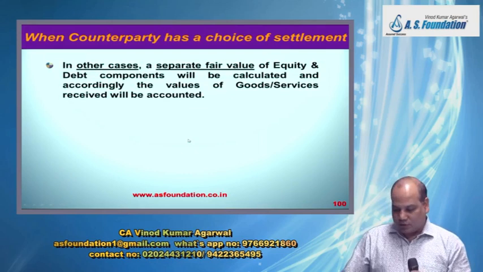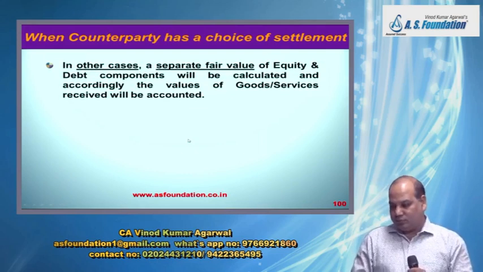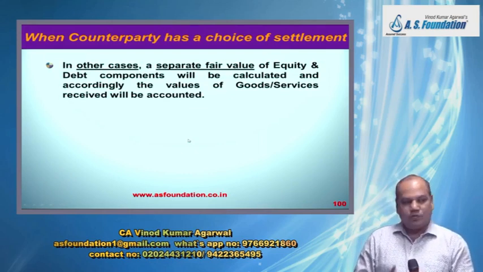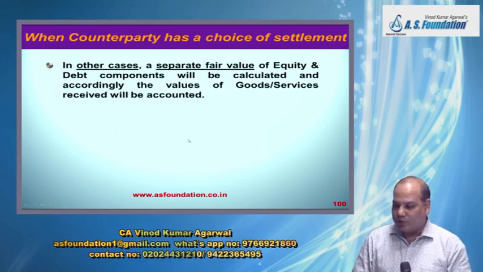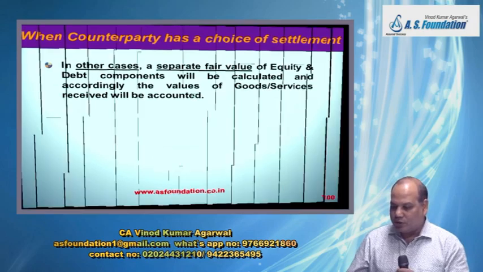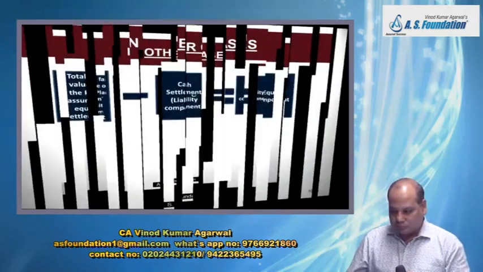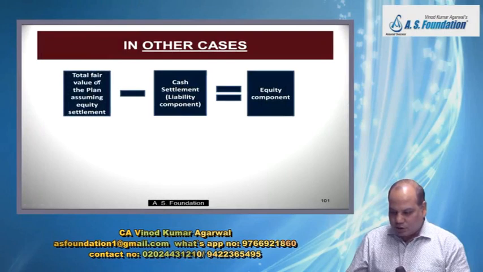In other cases, means employees only, because first was other than employees, a separate fair value of equity and debt component will be calculated, and accordingly the value of goods or services received will be accounted. So first we'll take the total fair value of the plan, assuming equity settlement. Then deduct the cash settlement, assuming employees will opt for cash.